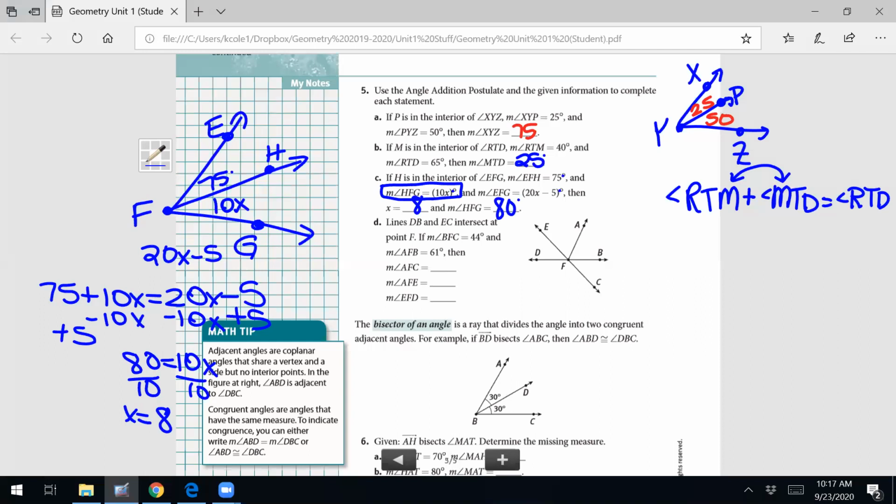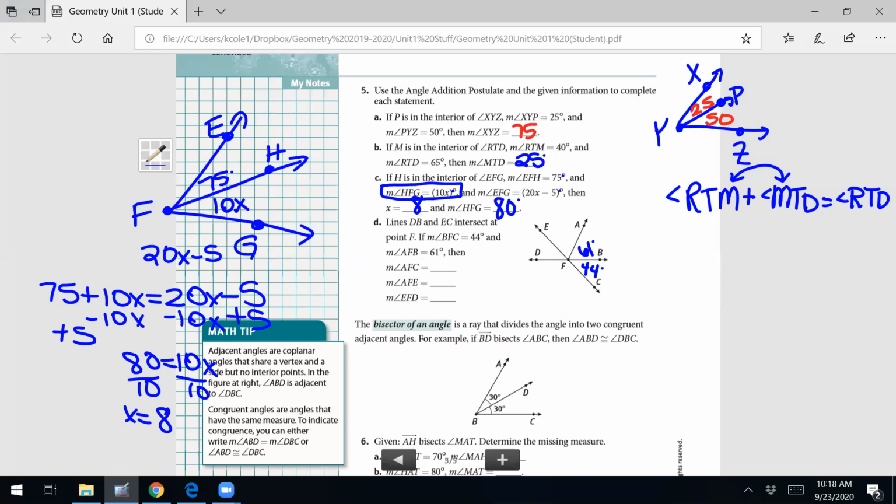D: lines DB and EC intersect at point F. If the measure of BFC is 44, sorry, and the angle AFB is 61, they want us to determine all of the other missing parts.